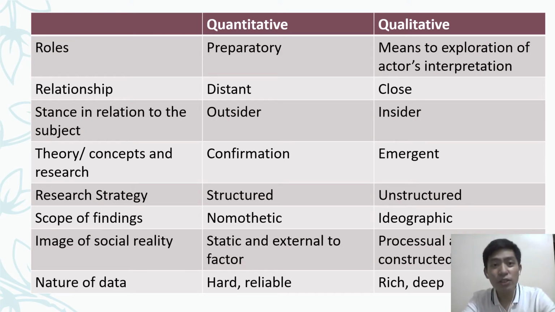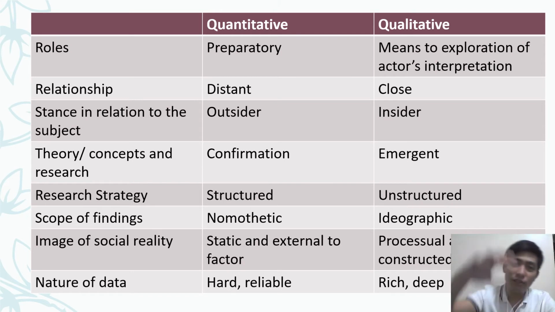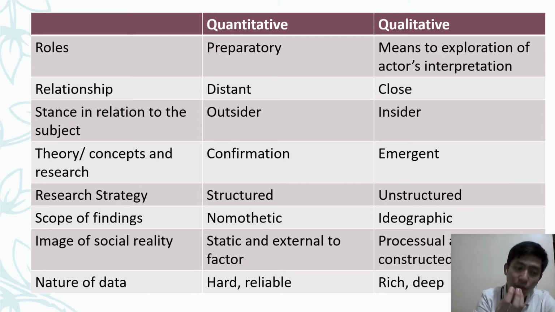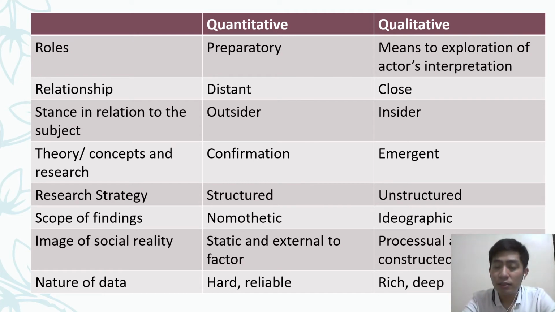In relationship with the respondents, quantitative is more distant, but qualitative is more on we are close. We are close to the subject. Stance in relation to the subject is outsider for quantitative, and insider for qualitative. You're within the phenomenon of the subject. Here are concepts in research. Quantitative is more confirmation.